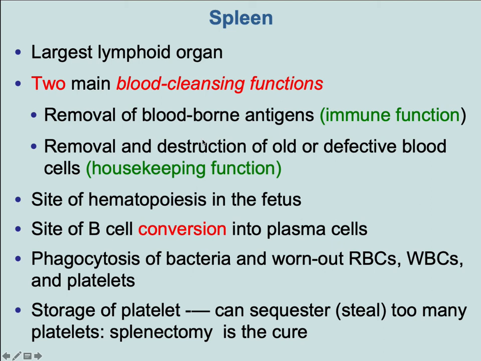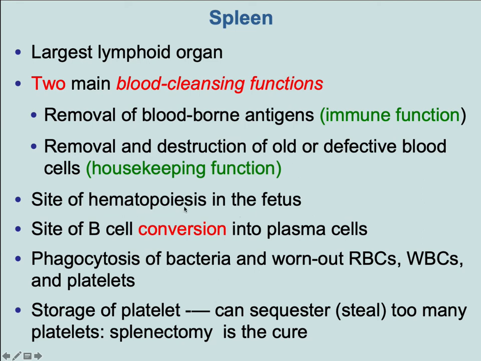The spleen is the largest lymphoid organ in our body. It has two main functions in cleansing our blood. One is removing the bloodborne pathogens, its immune function. The other is removing the defective or non-functioning blood cells from our body, whether it's our red blood cells or our platelets, etc. It also has a function in hematopoiesis in a fetus.